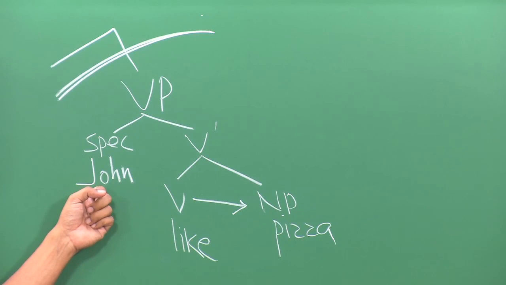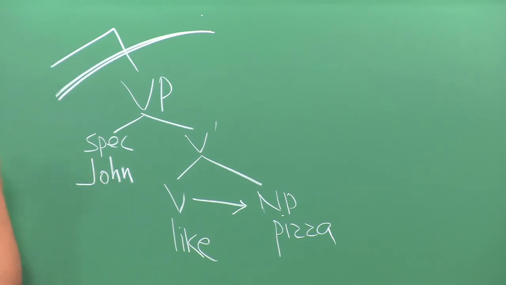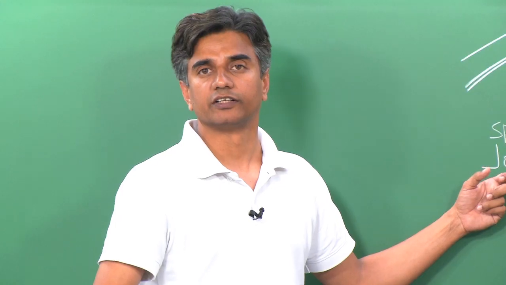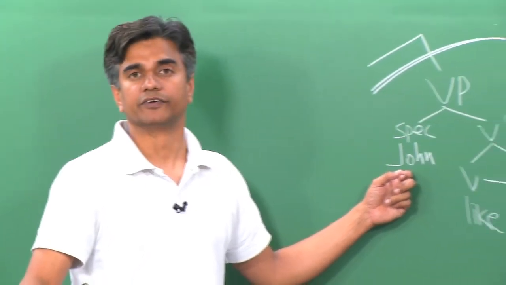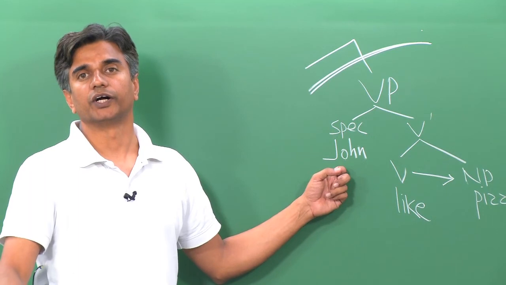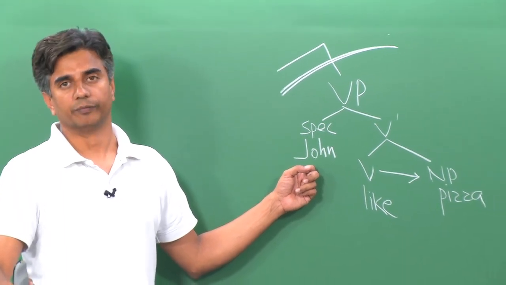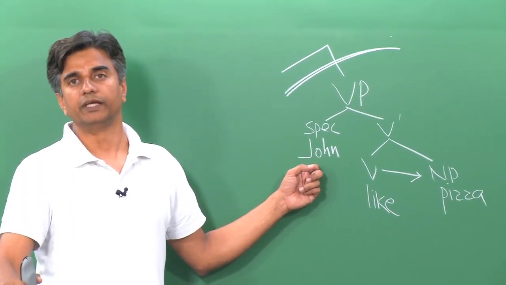The empirical fact is it needs, or it requires, checking of its nominative case at some level of functional element. Therefore, it needs to stay outside the VP as well.